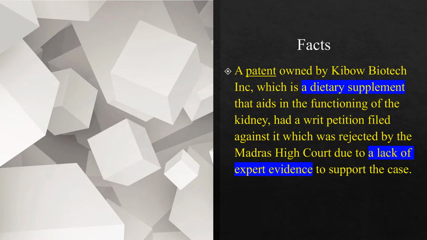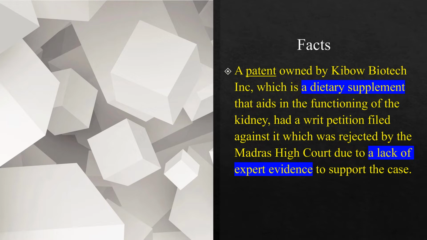The thing is that Kibo Biotech Incorporation was owning a patent. What is that patent about? This is about a dietary supplement that aids in the functioning of the kidney. And here what happens, it had a writ petition filed against it.